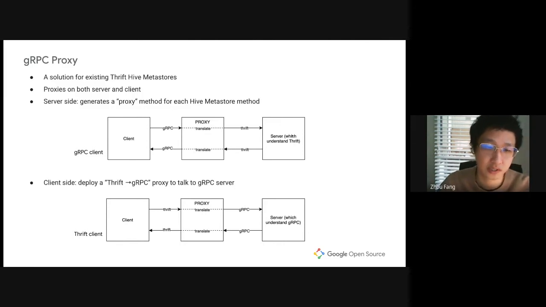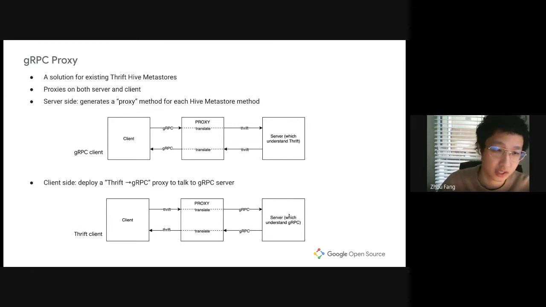So this is the proxy on the server side. On the client side, it is the same. Actually, today we only have Thrift clients. But if we run a proxy sitting together with the client doing Thrift-gRPC translation, then a Thrift client can work together with a gRPC server.